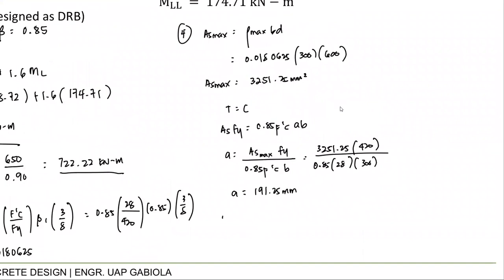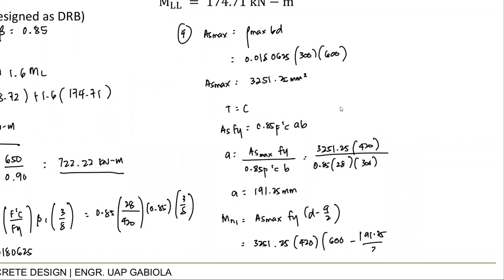Our moment, o yung ating M max for singly reinforced, o MN1 is equals to AS max Fy D minus A over 2. So that is 3251.25 times 420 times 600 minus 191.25 over 2.